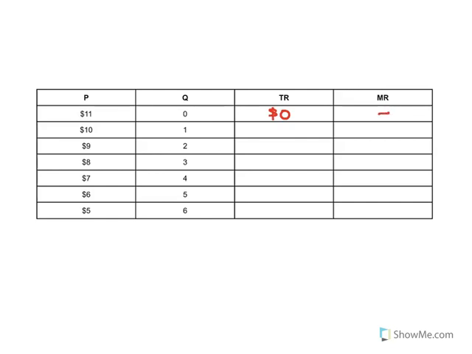So nothing different there. So we have one consumer willing to pay $10, so total revenue would be 10 times 1, $10, and marginal revenue would be $10 because we went from no total revenue to $10 of total revenue.